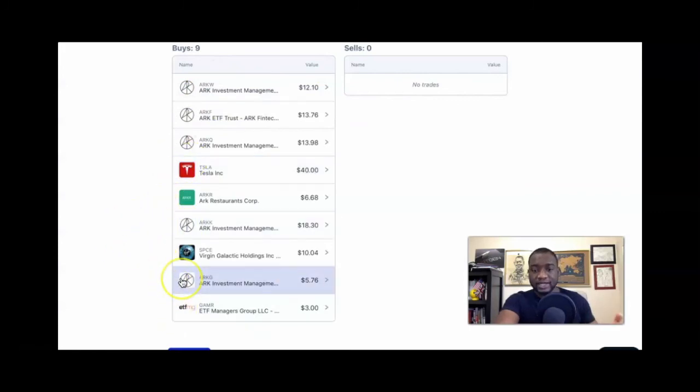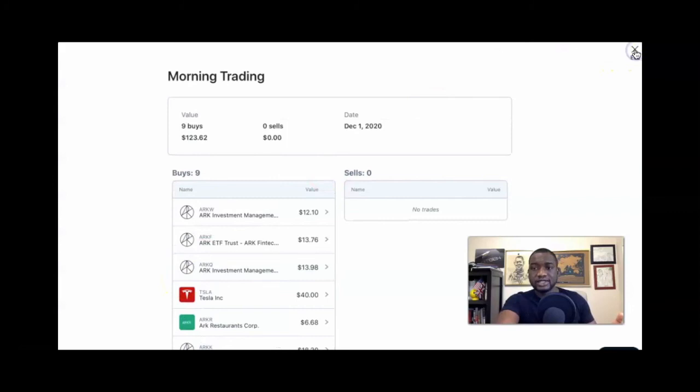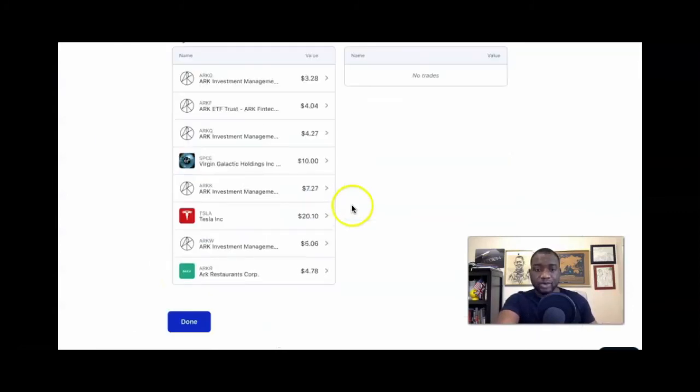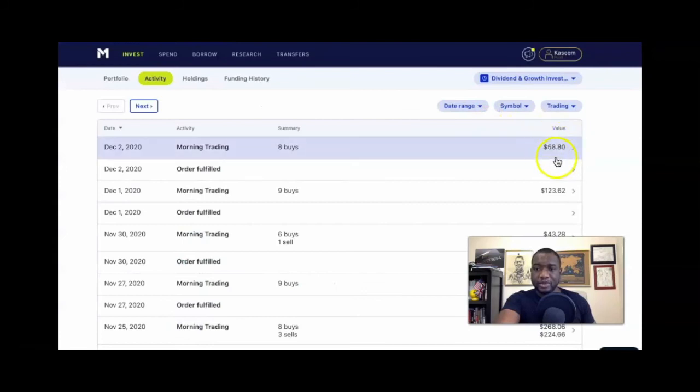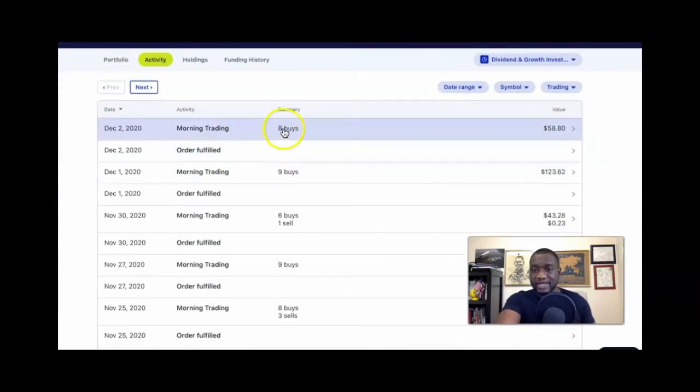It's going in and buying the underweighted one, because in general, with the entire portfolio, ARK Invest is the most underweighted one. So when I put in new money, like here, I put in $58 and it went in and bought mainly ARK Invest.